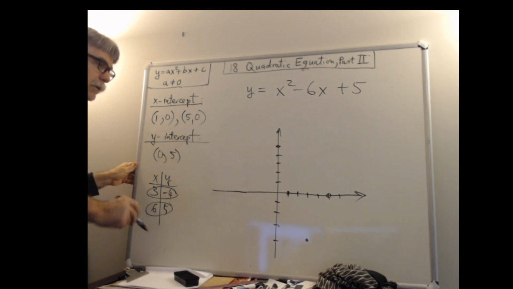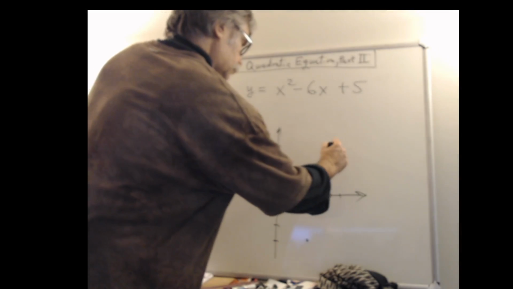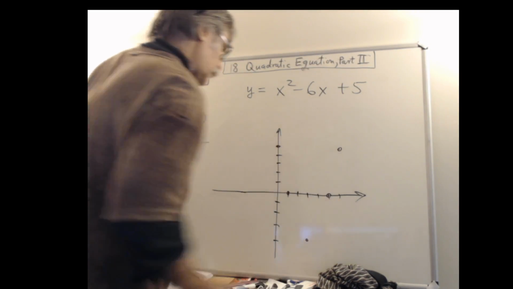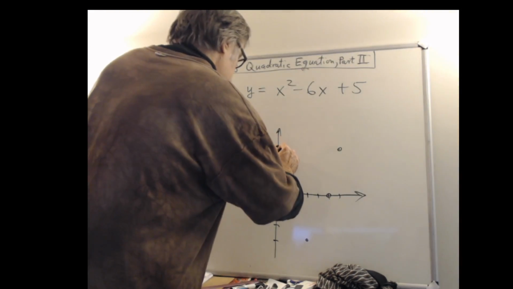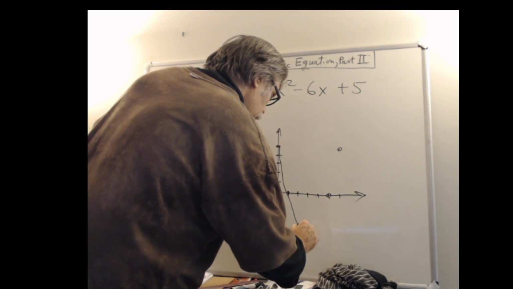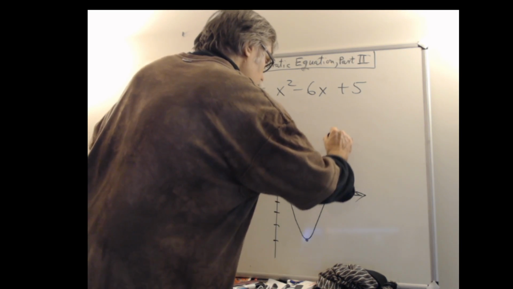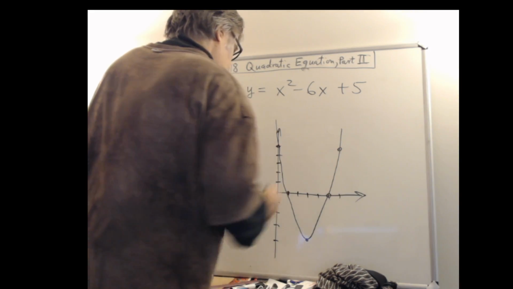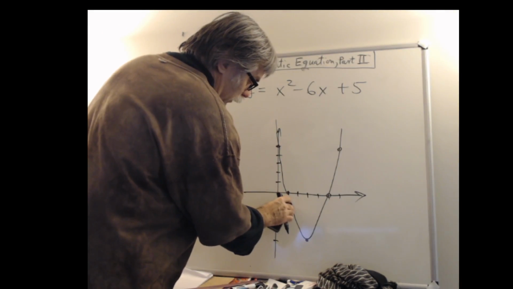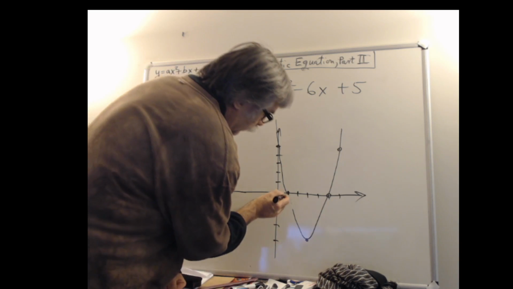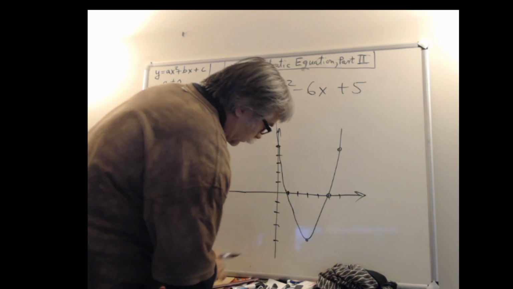So that's the strategic point here, (6, 5). And now I think I have an idea what is going on here. This is what's happening here. Okay? Now, I have no reason to believe that there is any kind of curving here, so I think it's just going kind of sort of straight here.